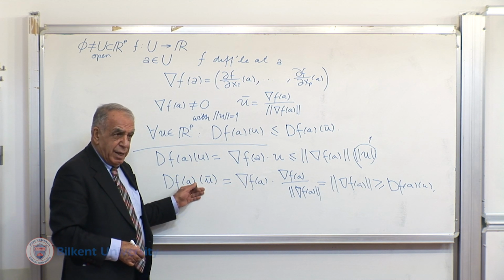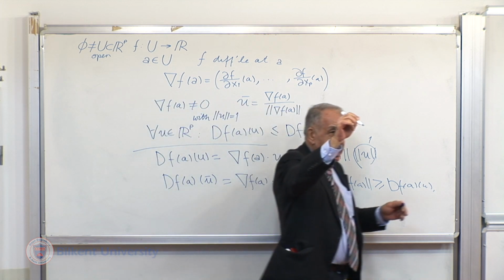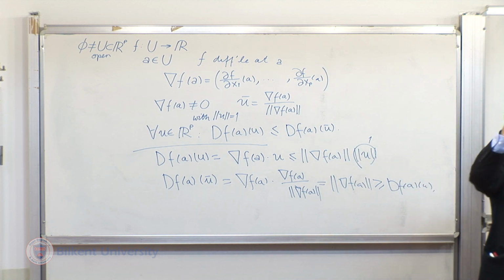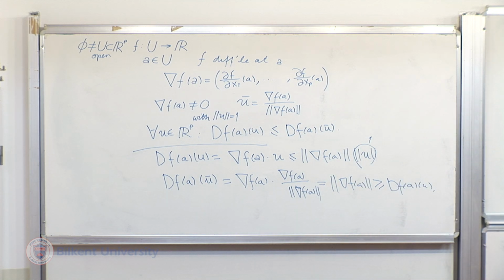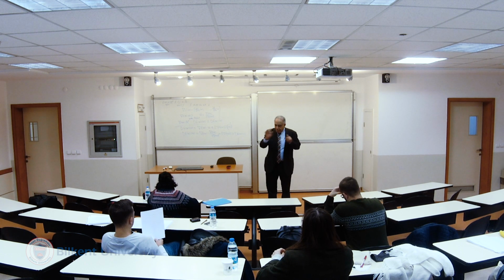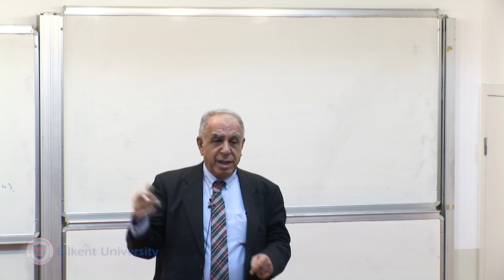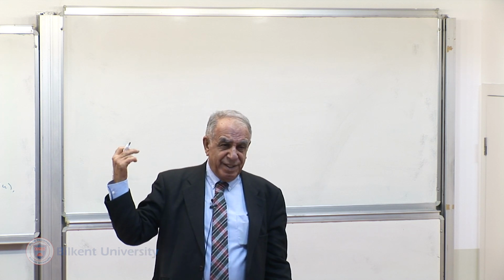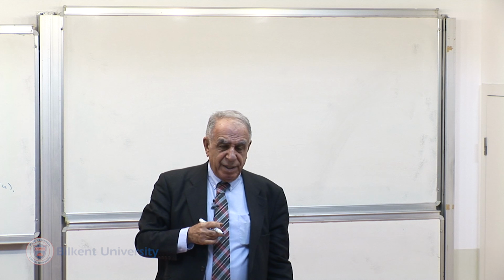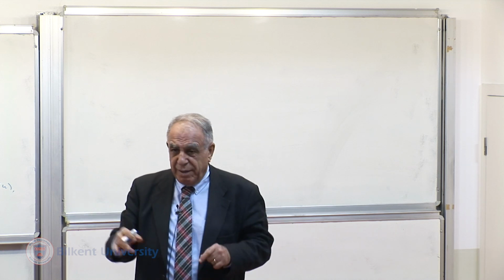So the differential of F at A applied to U, for any U with norm 1, is less than or equal to the differential of F at A applied to U bar, which means you're at the point A, you move away from that in some direction. The directional derivative, with the direction vector normalized to norm 1, when is it largest? It's in the direction of the gradient. So that's the information this gives us about differentiation.